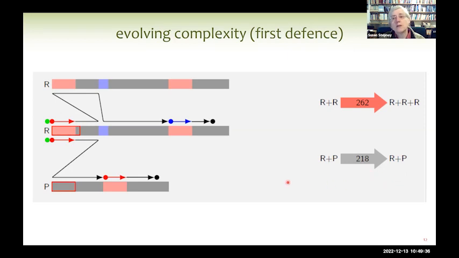So not only is it a defense against the parasite, and it doesn't copy the parasite, it also binds to the parasite and keeps the parasite from doing anything nasty anywhere else for 218 time steps as well. But of course, evolution continues, and the parasite evolves a defense against this defense, and then the replicator evolves a defense against the defensive parasite, and so on and so on.